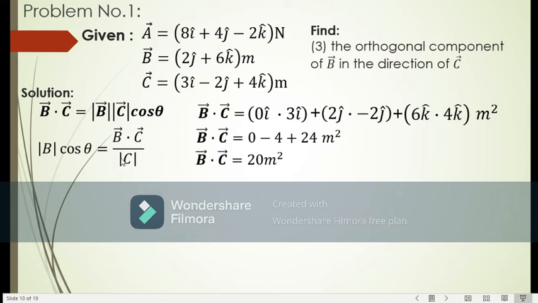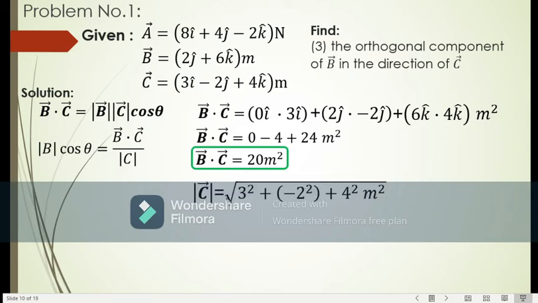Let's now proceed with the magnitude of C. For the magnitude of C, we get the square root of the sum of the squares of each component. That is the square root of 3 squared plus negative 2 squared plus 4 squared, in meters squared. Simplifying, the magnitude of C is the square root of 29 meters.